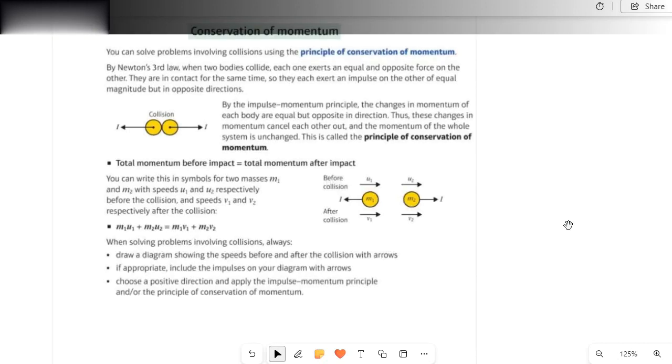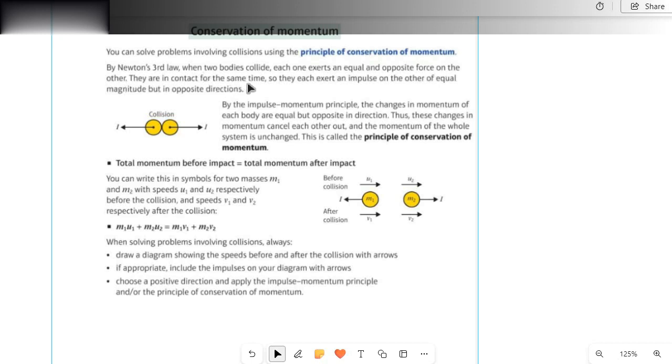So now let's move on to one of the most important concepts in momentum, which is the conservation of momentum. You can solve problems involving collisions using the principle of conservation of momentum by using Newton's third law. When the two bodies collide, each one exerts an equal and opposite force on the other.